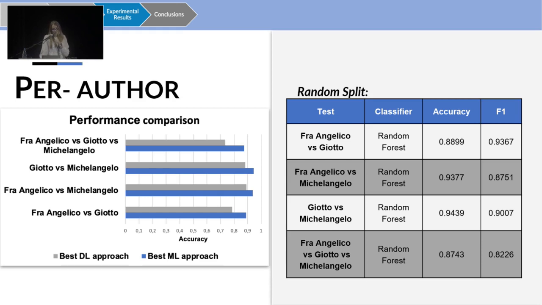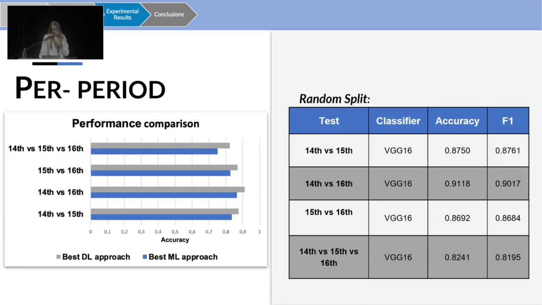Also here, the deep learning approach is probably not the best solution for this kind of problem, also because we have a training set with a limited size. Because for the peer period approach, the situation is totally different.